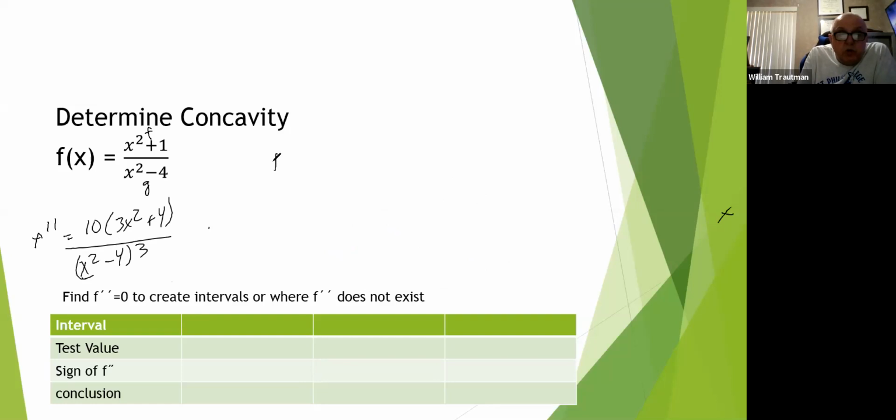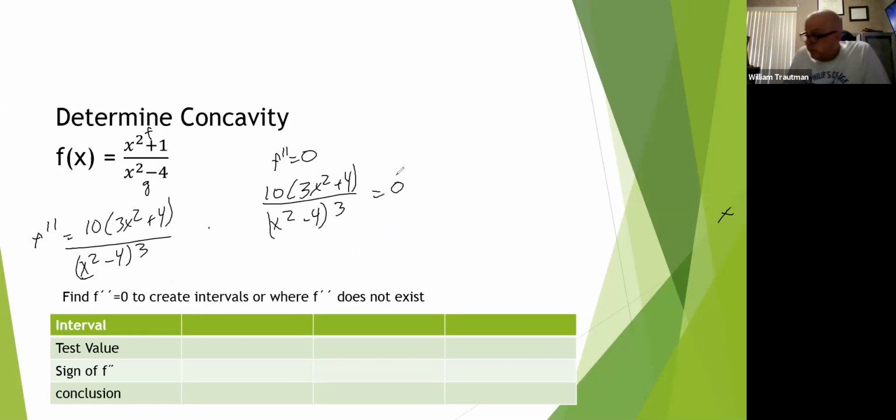And the question is, where is the second derivative equal to 0? Where is 10 times (3x squared plus 4) over (x squared minus 4) to the third equal to 0?